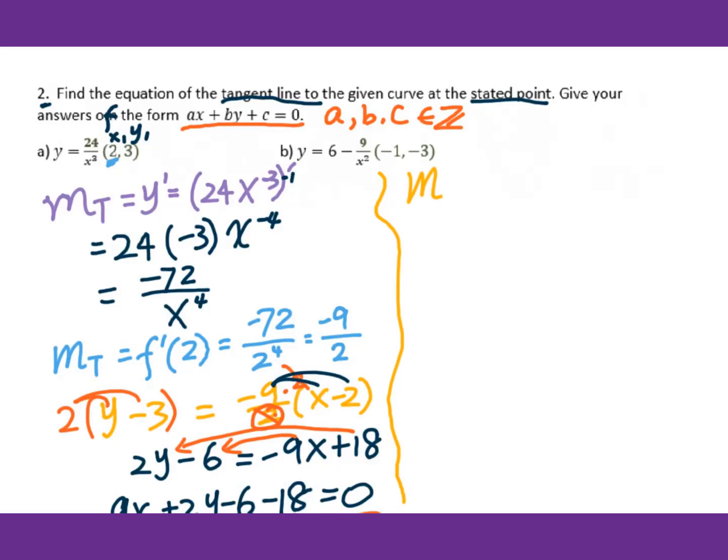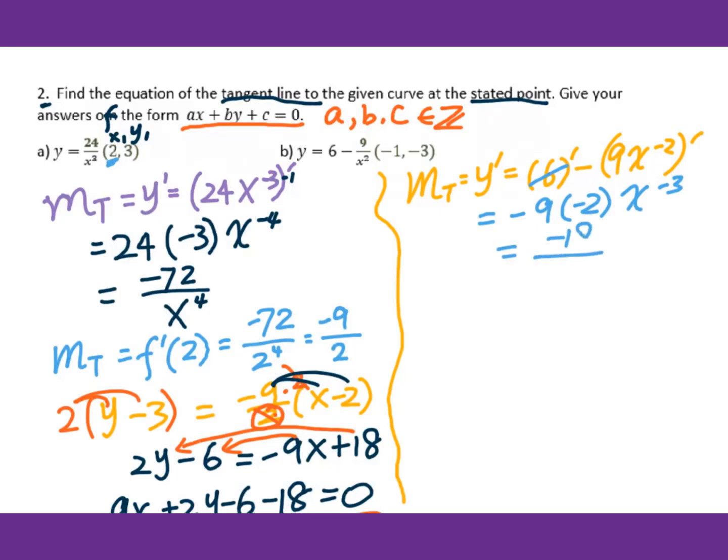Still, I need the slope of tangent line equals the derivative. That is 6. We do derivative, minus 9 times x to the negative second power. We do derivative. So we get, this is 0. Negative 9 times negative 2, x to the negative third power. Negative 18 over x to the third power.